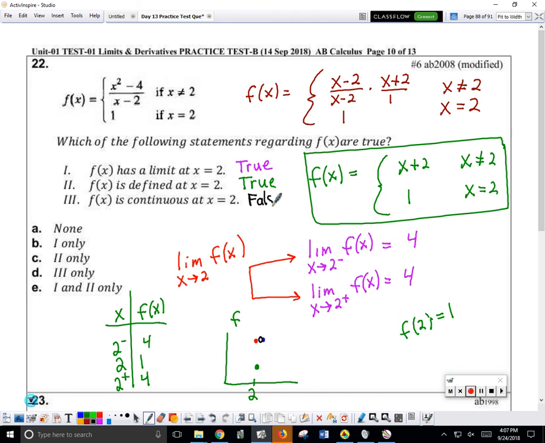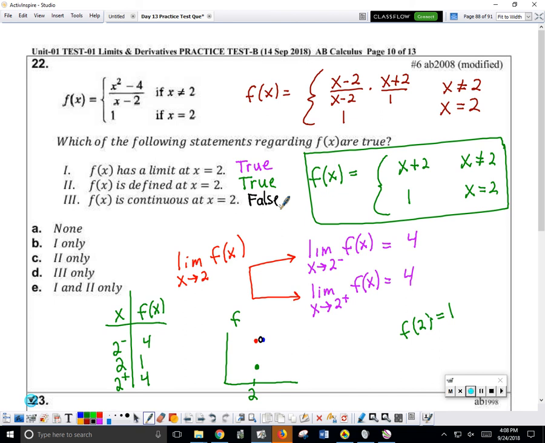Reese, what would be a very, very simple change to the problem way up here that they could make, which would have made this a true statement? Both of the limits would have to equal 2. So if that top function was just 1, oh, there you go.